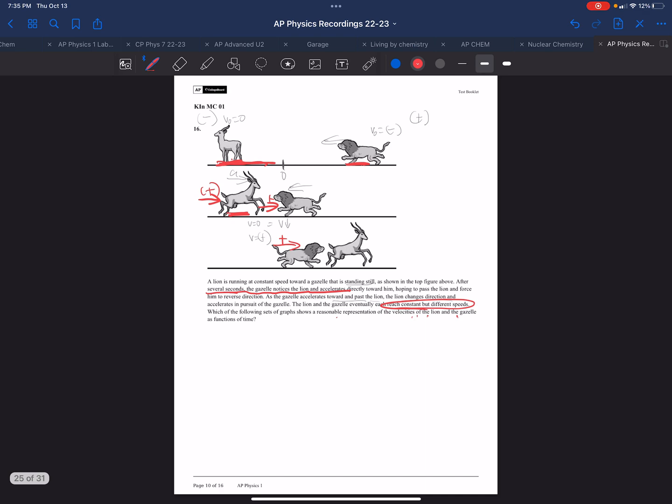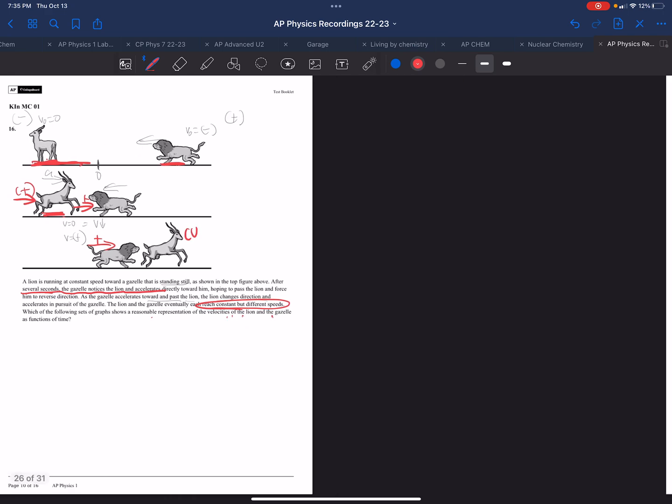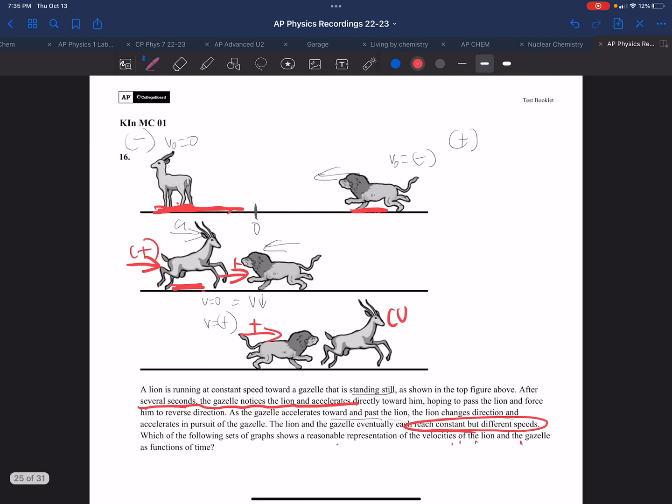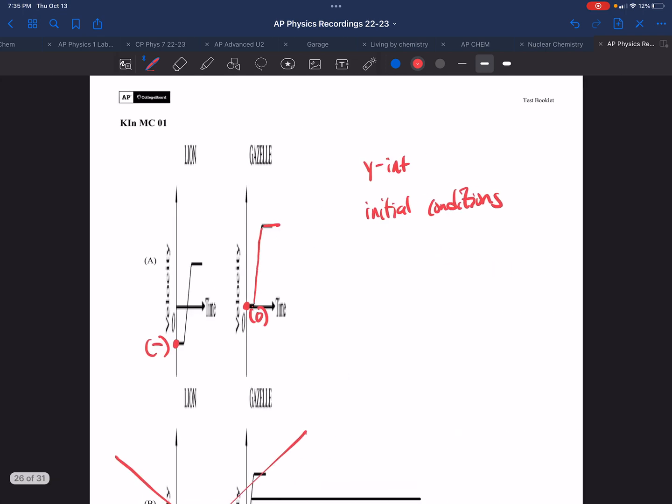Now the gazelle has positive acceleration and then travels at constant velocity. Let's see if that's what happens with the gazelle. It accelerates and it stays at a constant velocity. Looks like it's consistent. The lion is running at constant negative velocity for a while, and then experiences positive acceleration. And acceleration is the slope, so we should have a positive slope.